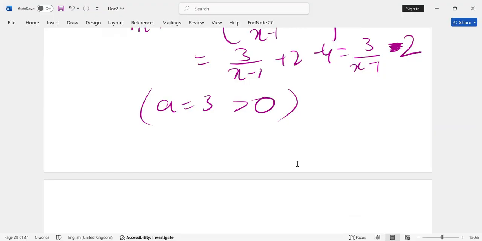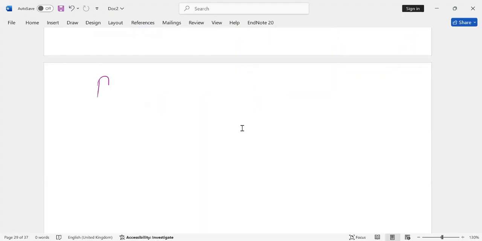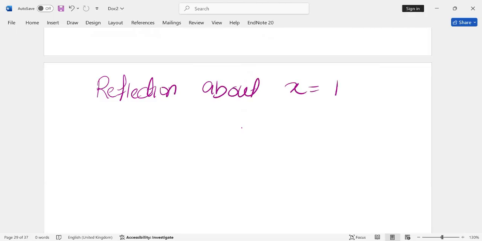And now the reflection is about, I'm writing over here, the reflection about x equals to 1, the vertical asymptote. This flips the branches across the vertical axis while keeping the center and a value the same.